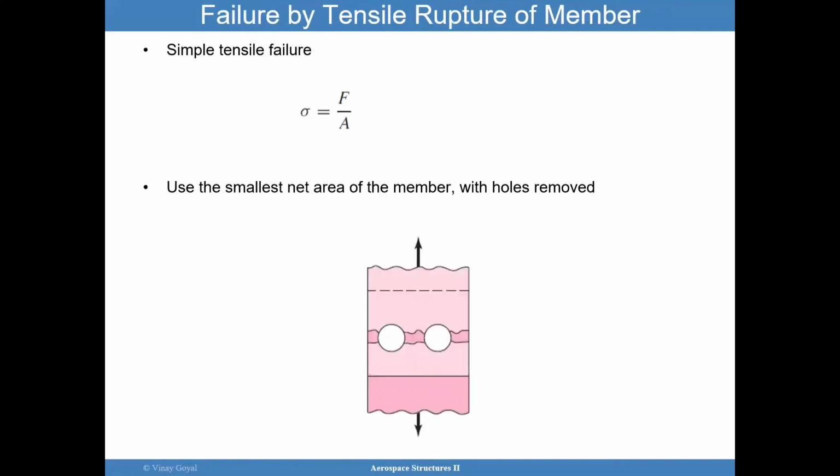Simple tensile failure mode occurs in the member, and what needs to be considered here is the stress concentrations can be a problem. You can also have the free edge being a problem when they're near a hole. But in essence, what we want to do is calculate the high stress due to any stress concentrations.